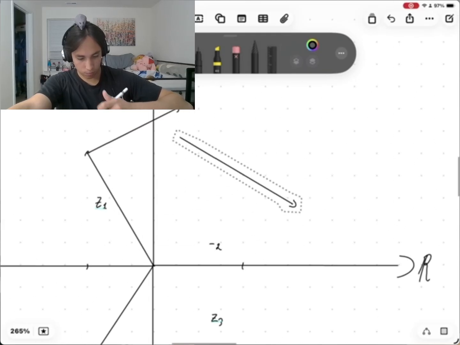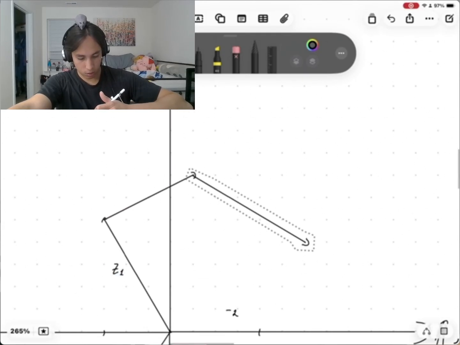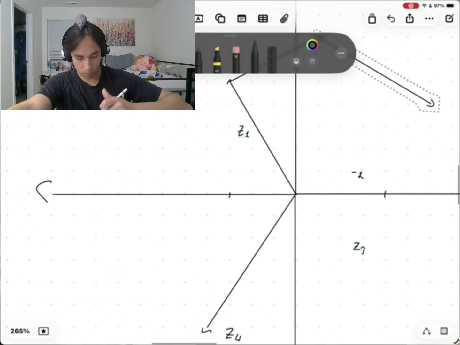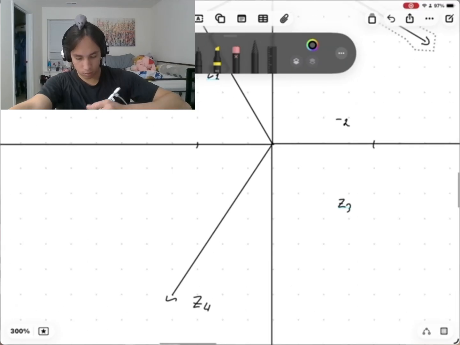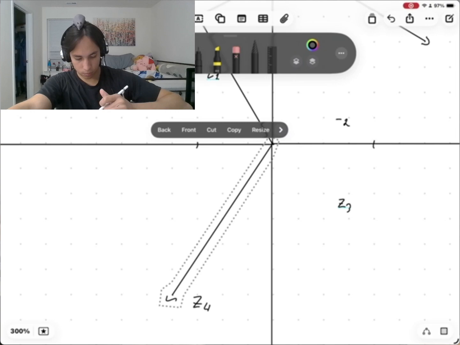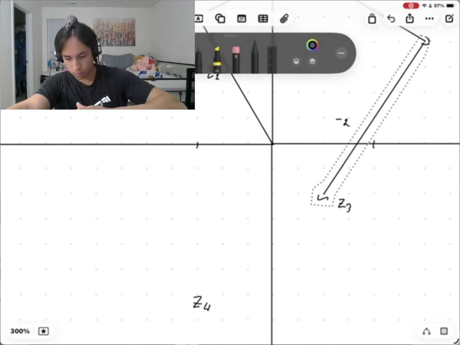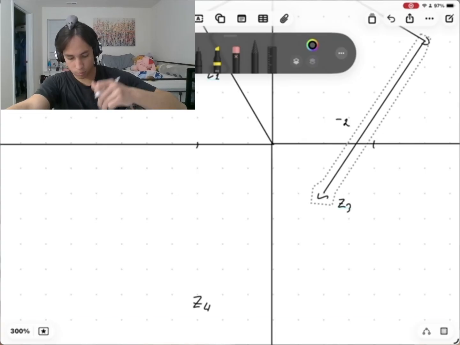Z3, boom. Tip to base. Yep. And then Z4. Boom. Tip to base. I think that's supposed to be, yep.